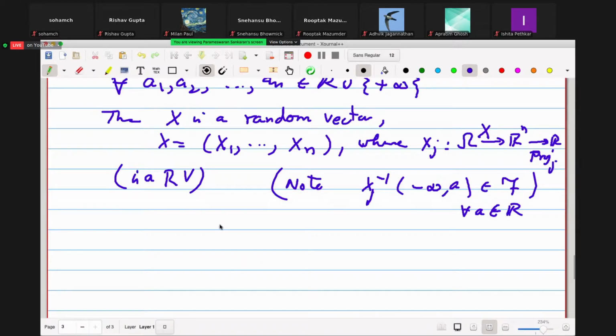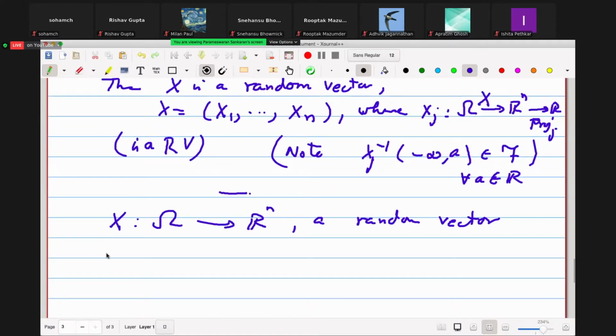Now there are two things. X from omega to R^n, a random vector, is called discrete if each xj is discrete.